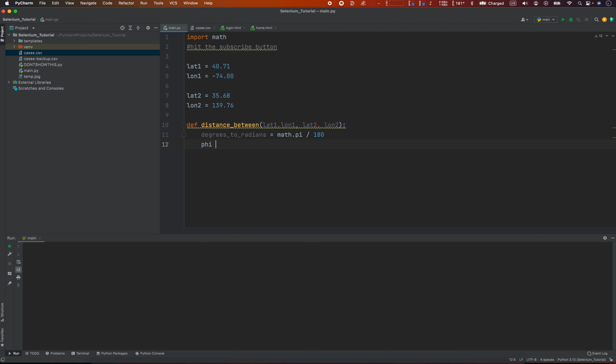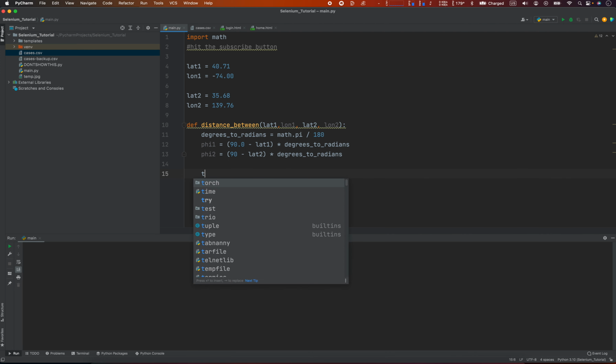And phi1 equals 90.0 minus lat1 times degrees to radians, and then phi2 is going to equal 90 minus lat2 times, you guessed it, degrees to radians.